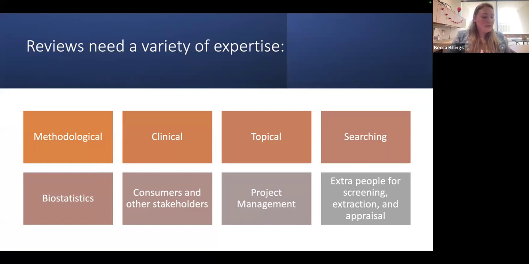Your biostats for meta-analyses, and then there's often some type of stakeholder or consumer that is the driving force for why a review is going on. And then it's always great to have people on board that can help with the screening, making sure that everybody on the team is well informed on what the inclusion and exclusion criteria is and what the topic is. Having a solid team is going to make the reviews go a lot faster.